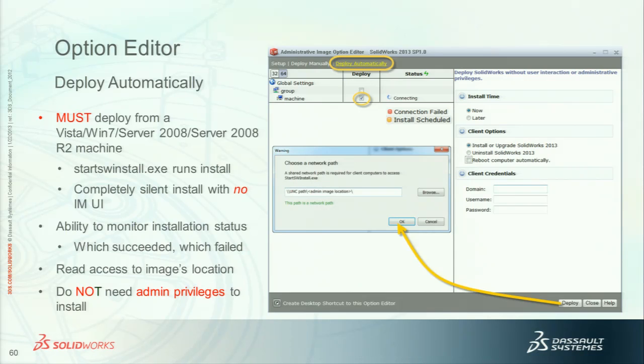So if you choose reboot automatically and you push, what happens is a message pops up and says SolidWorks installation will start in 5 minutes, or click OK to install it now. If you click OK, then it starts. This is where it took me a while to figure out, because I clicked OK and I was like, well, nothing's happening. Well, in the background, it was actually installing.